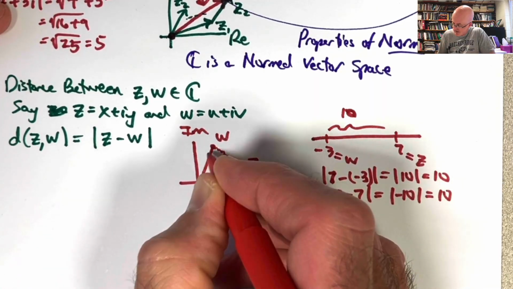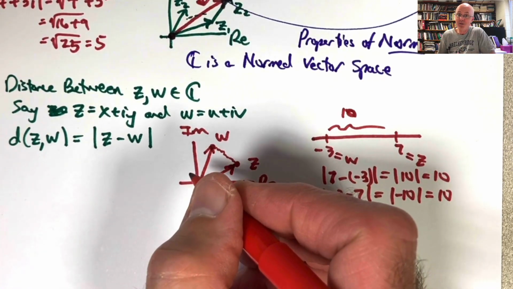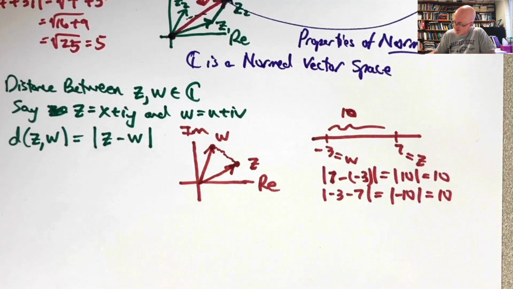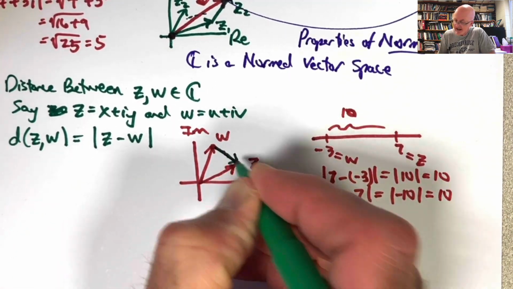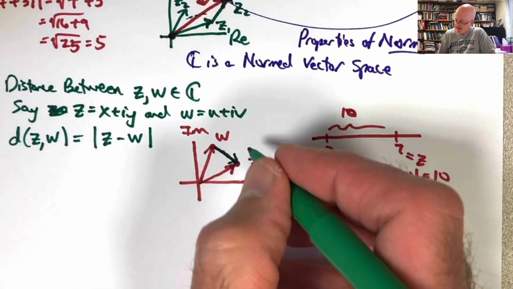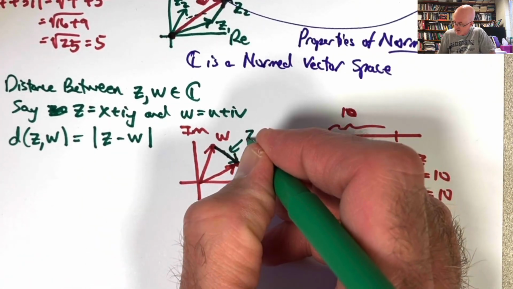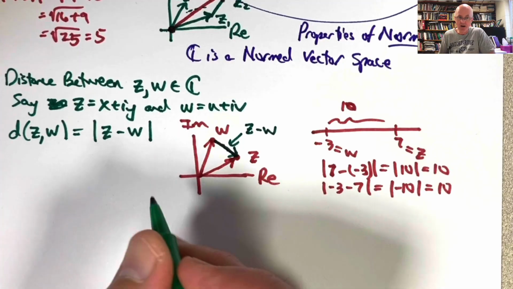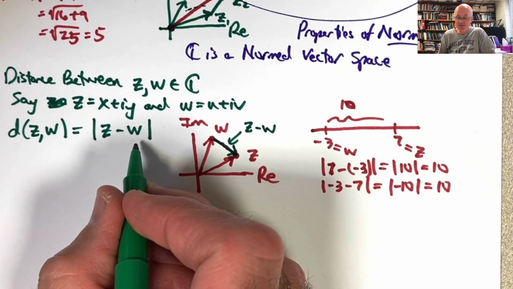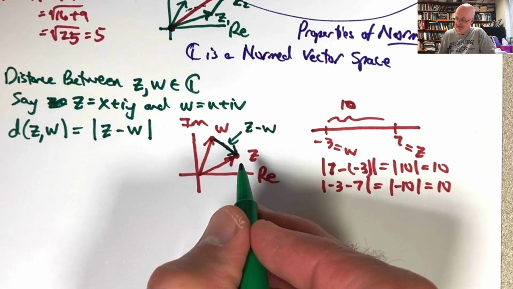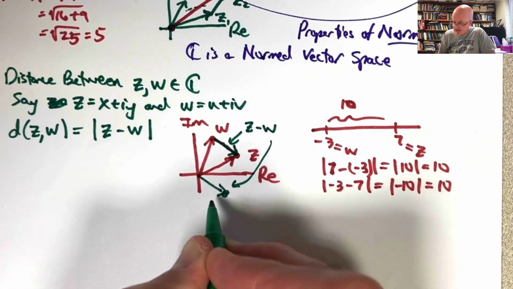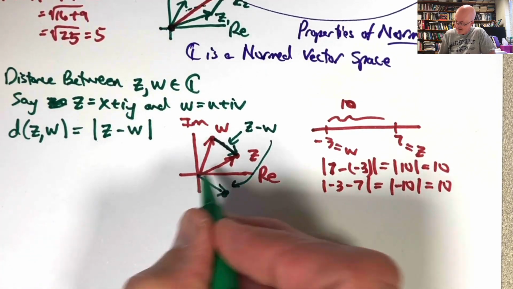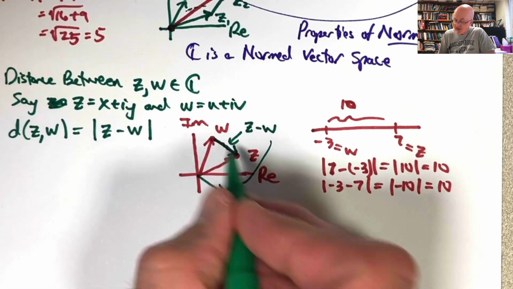Here's the vector for w. We saw in video number 5 that you can draw the vector for z minus w as a vector connecting the point for w and the point for z. That arrow right there represents z minus w. The modulus of that quantity, its length, I could also translate it down here. That's also z minus w. The distance between this point and the origin is the distance between these two points for z and w.